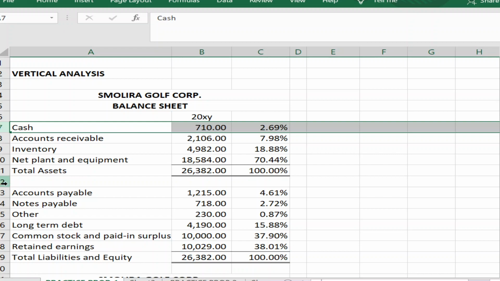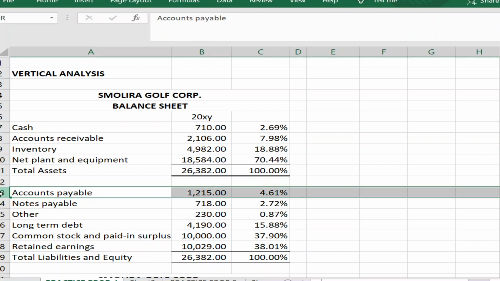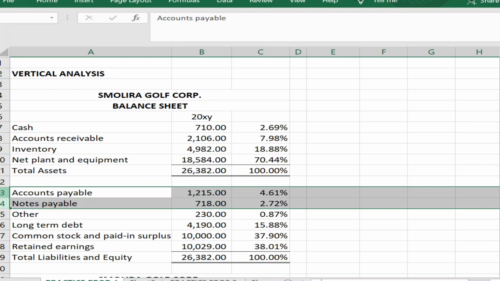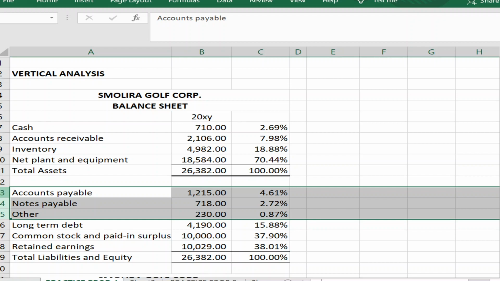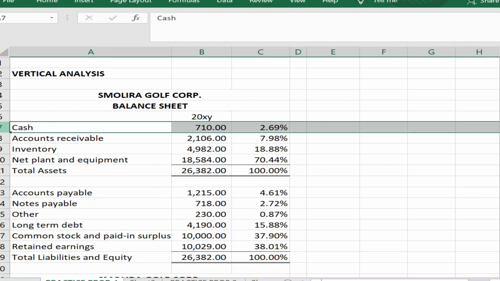So for example, if our creditors will demand payment for these items, such as accounts payable, notes payable, and other types of payable, and all of these creditors will require us to pay them, then we don't have enough money because we only have 710 pesos.